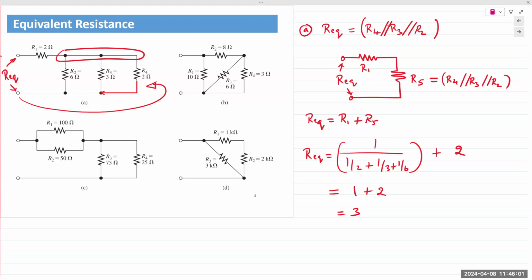But what do you see here? 6, 3, and 2, and the resulting Req in parallel is 1 ohm. In a parallel combination, the resulting Req will always, always, always be smaller than the smallest resistor in that parallel connection. And this is something your brains have to be trained to look for.